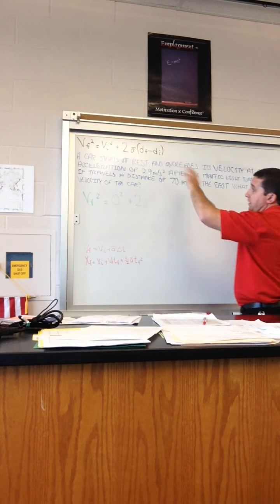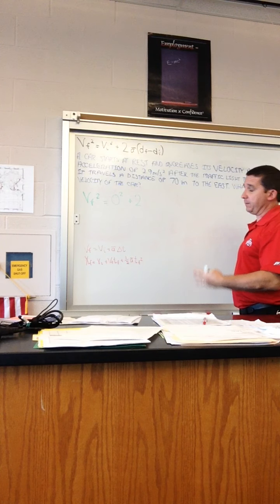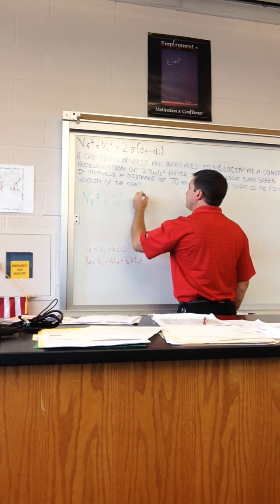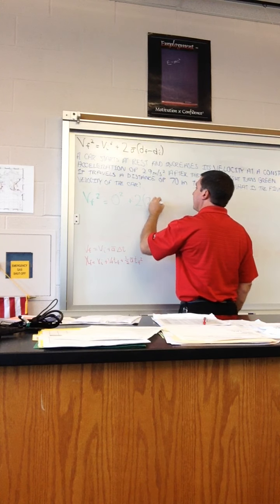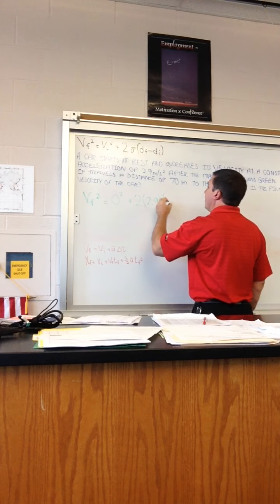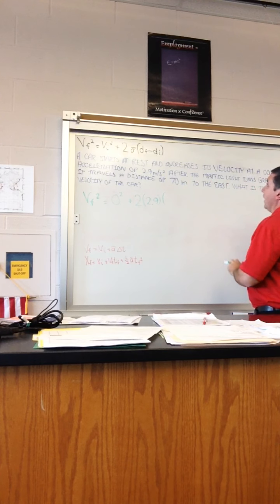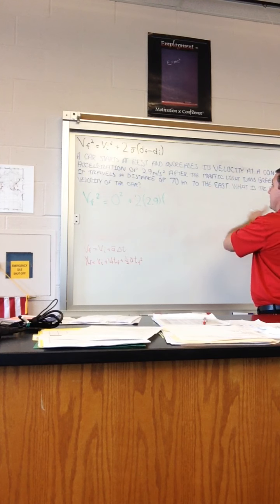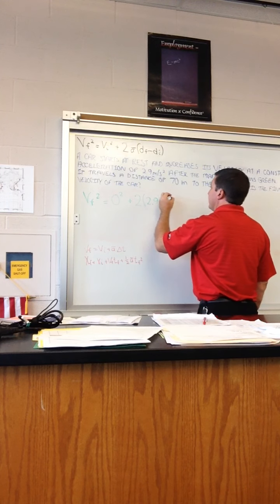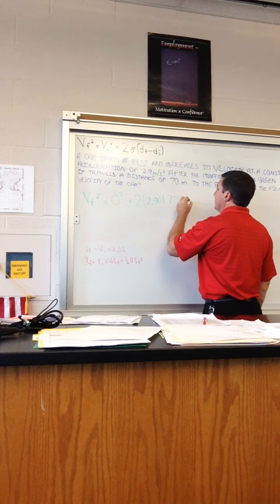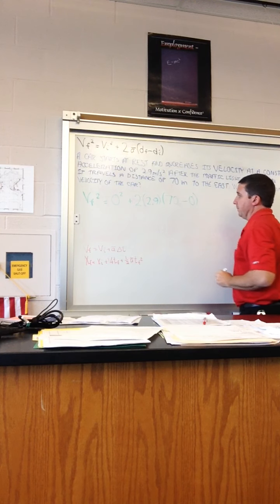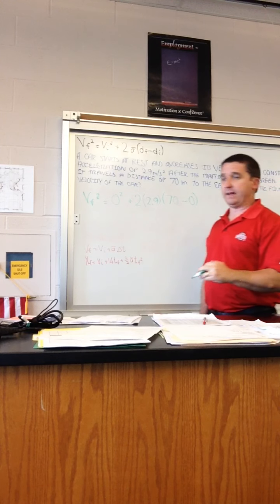But with these problems, that is provided for you. So the average acceleration is 2.9. Now we're going to multiply that by the distance. It says it travels a total distance of 70 meters to the east. So your final distance is 70. Your initial distance, since it's not mentioned, it's implied that it's 0. And again, still account for that if you would, please.